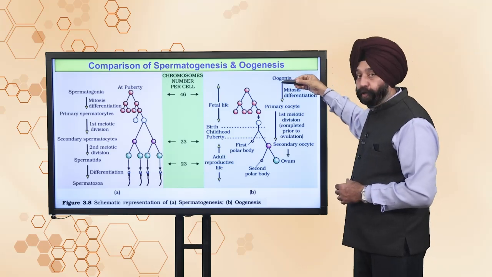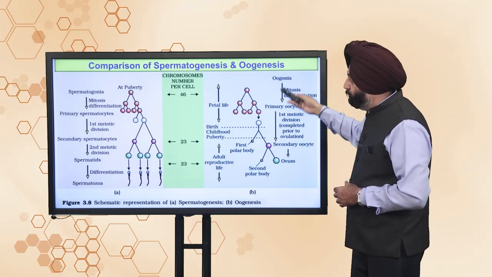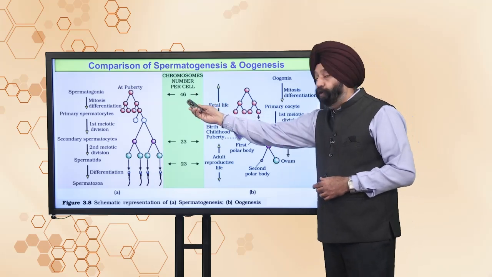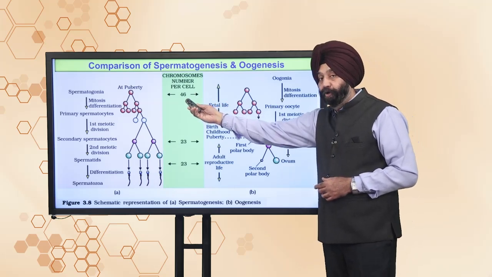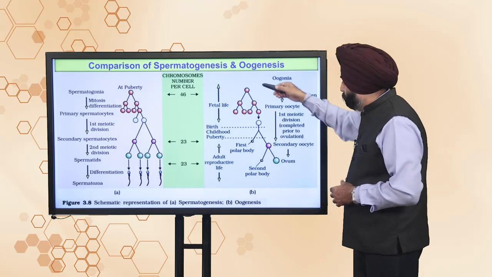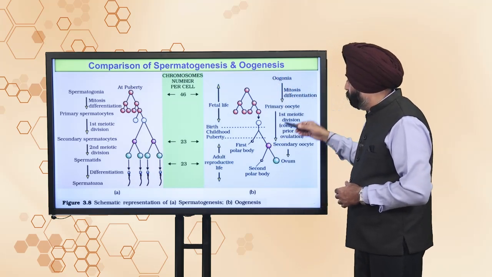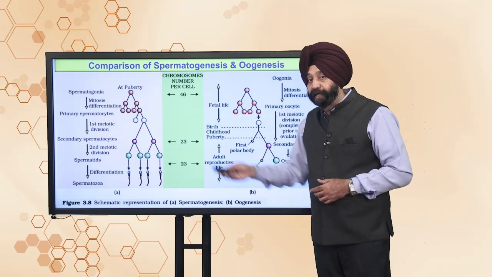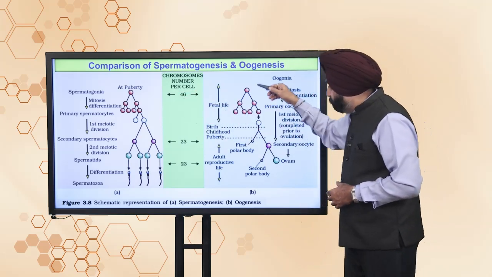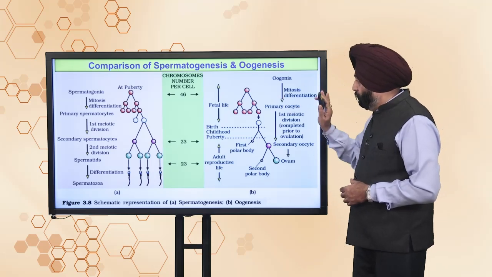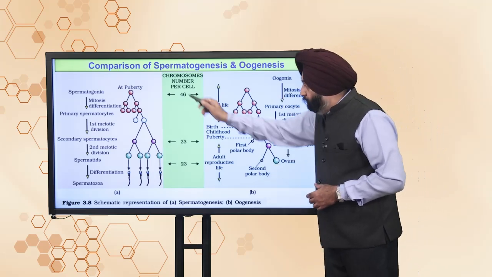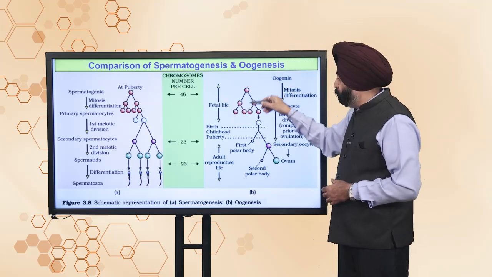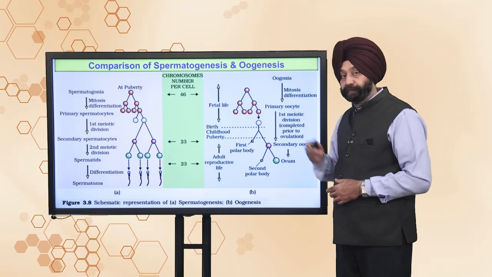If it is oogonia in oogenesis, it is spermatogonia there. Both have 46 chromosomes, so they are diploid cells. They undergo division. Primary oocyte, you can see there, primary spermatocyte, same. The difference is only this: this phase occurs at puberty, whereas this phase occurs in the fetus.